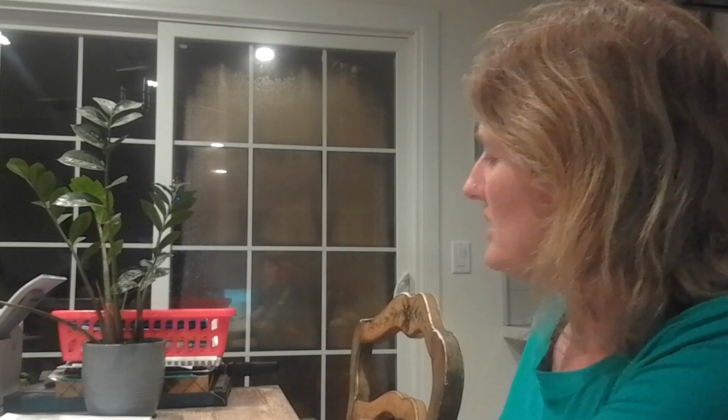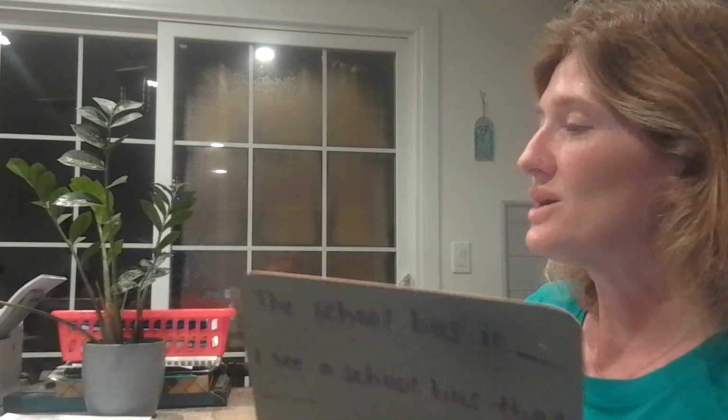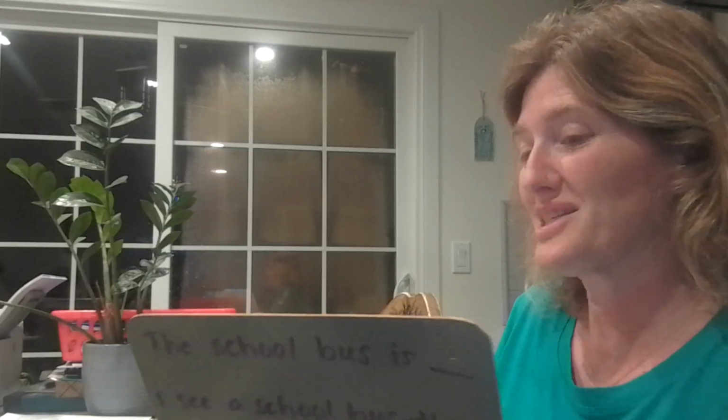So, the yellow school bus, if you need help spelling, I can help you spell. The yellow school bus is taking. That's a pretty big word, okay? So let's tap it out. T-A-K-ing. What's the first sound we hear? T. Good job.